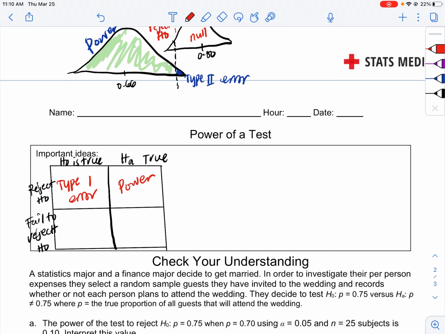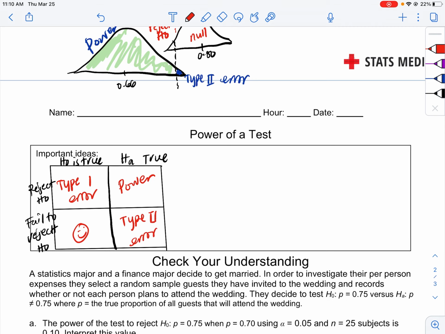HA is true but we rejected H0. That is power. And then this one is H0 is true and then we fail to reject H0. That is a good decision. And then this one is a type 2 error. HA is true but we failed to reject H0.